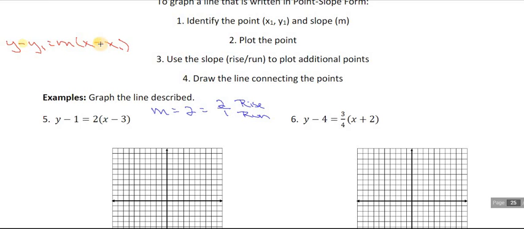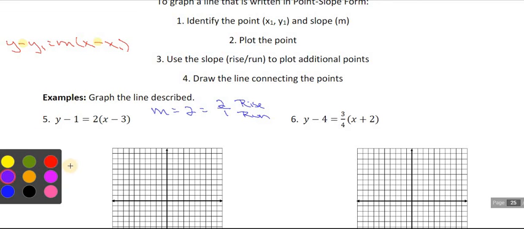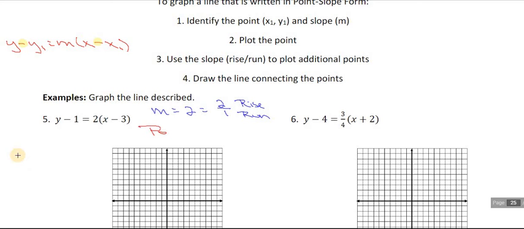But based on the formula, we made it the opposite, so we need to undo that opposite. Meaning my point, I'll use red here, my point is the ordered pair, the number with the x is -3, but we need the opposite of it, so it's going to be +3 for the x. And then the number with the y is -1, but we need the opposite of it because of these negatives in the formula, so we need +1 for the y.